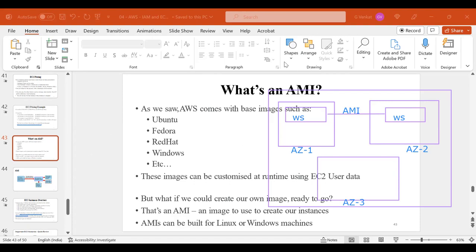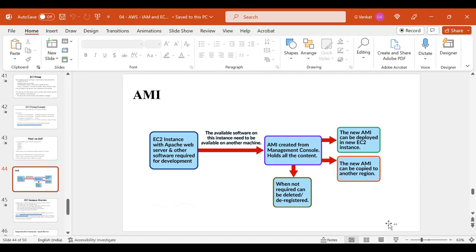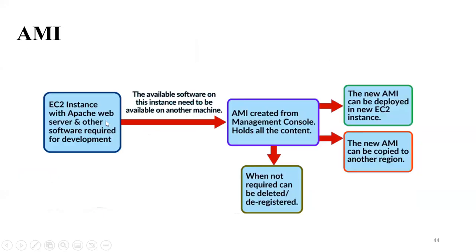How do we create it? Customized AMI is how you can create it, so that is the point we are going to talk about. We know about launching an EC2 instance with user data.